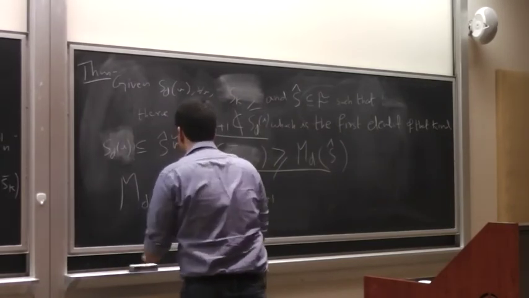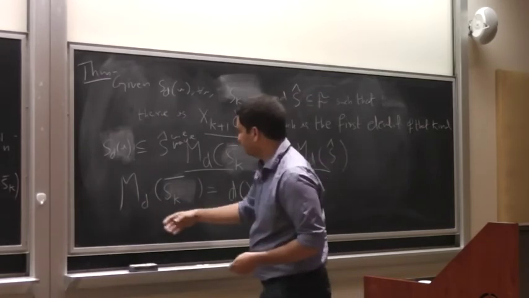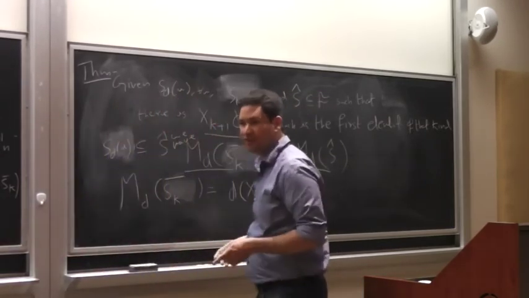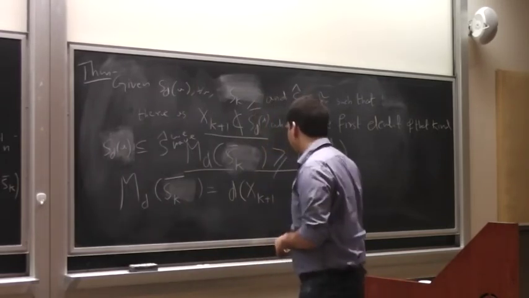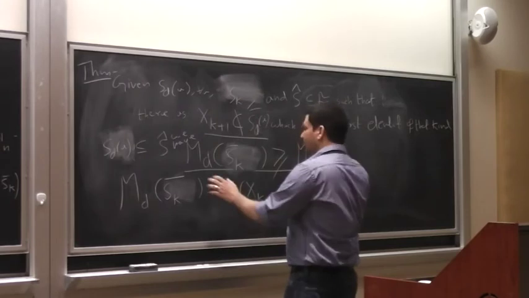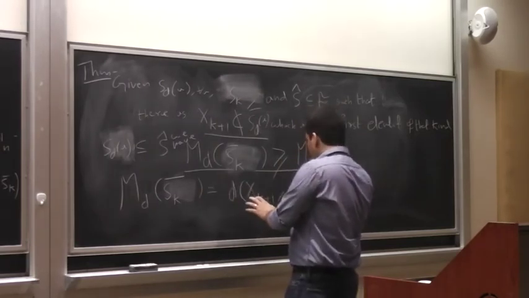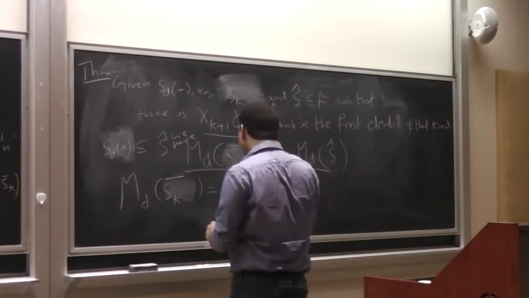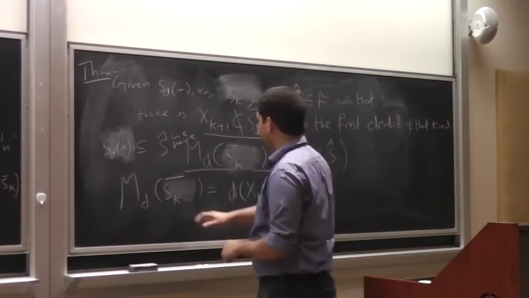As follows. The function computed over the starting sets, which you got out of this shelling process, is always going to be greater than or equal to the function computed over d of x, which is equal to x_{k+1}, S_k bar.